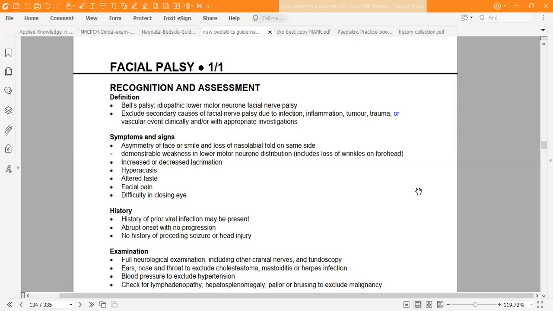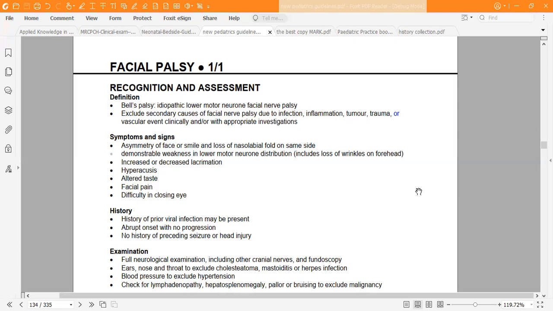All of that is going to be obvious for you if you take your time in observation. Observation is a very golden element here. So don't rush to examine the facial nerve. Just take your time observing the patient.